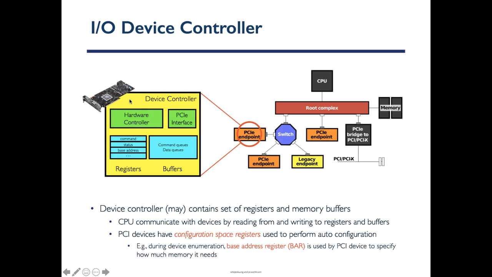Now, this controller has different parts. The part that is of interest to the operating system is basically how to communicate with it. So usually what you have in your controller is a set of registers and a bunch of buffers that you have on the device.